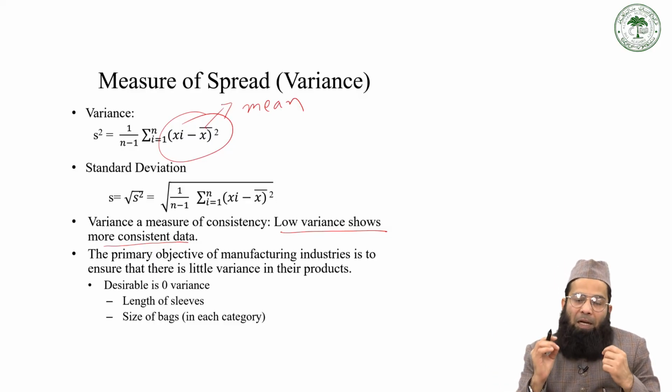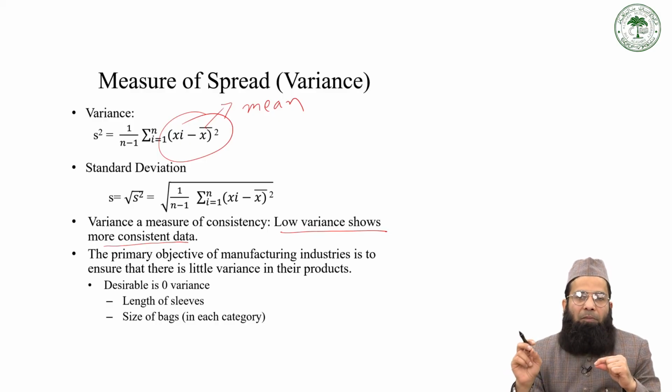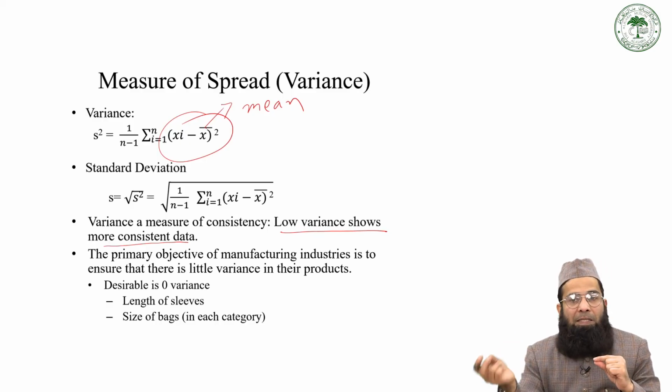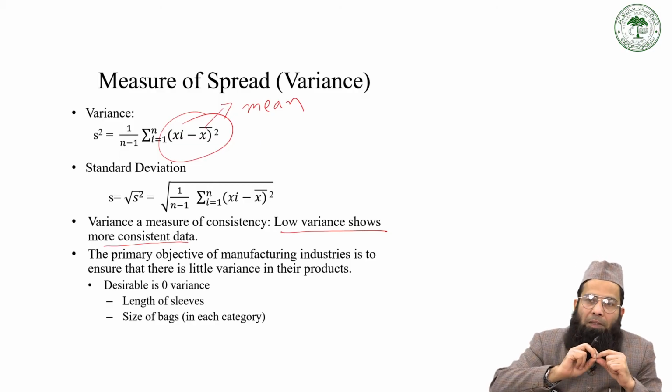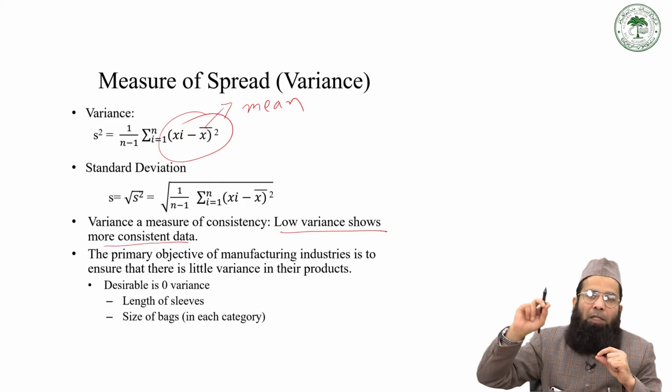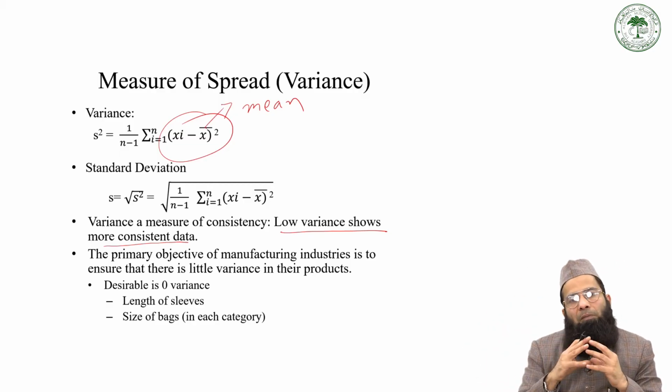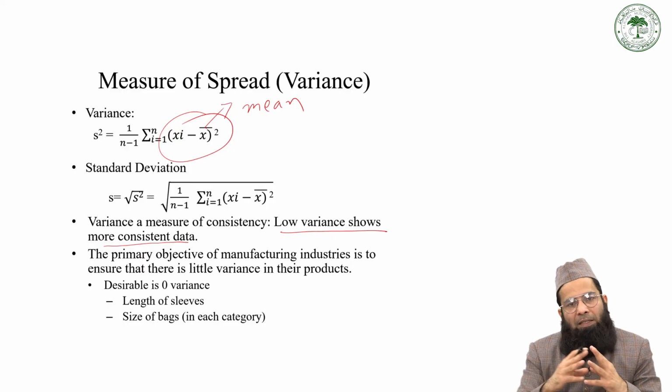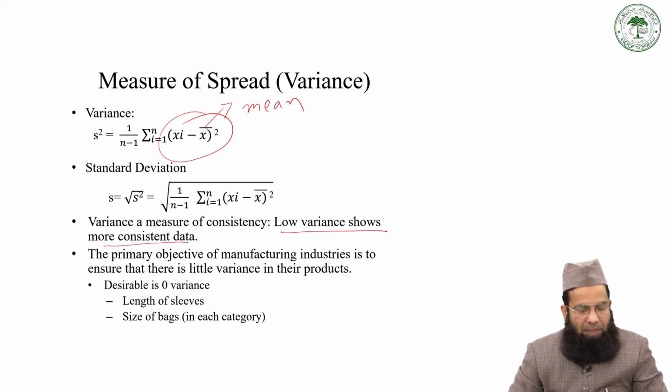Similarly, in the case of shirts, if variance is not 0, it means in the same size, suppose XL or double XL, the length of the sleeve would vary. That is not the ideal condition. So that's why variance and standard deviation are very important terminology.